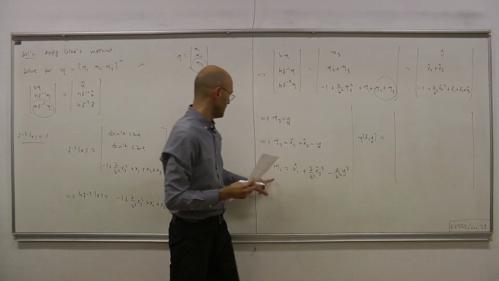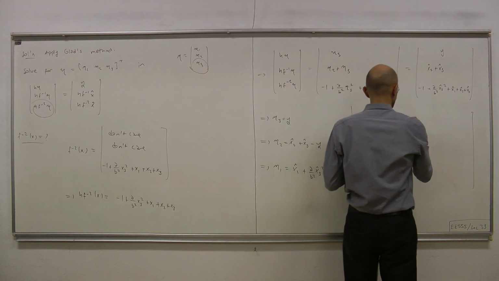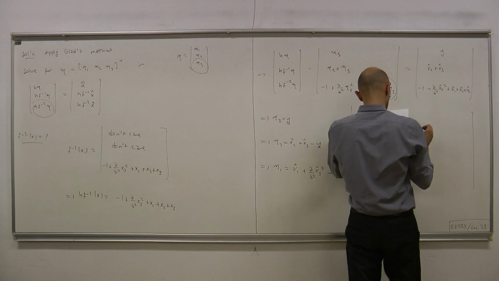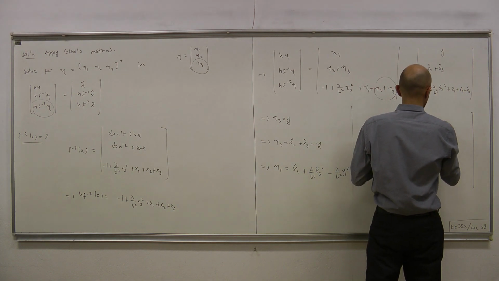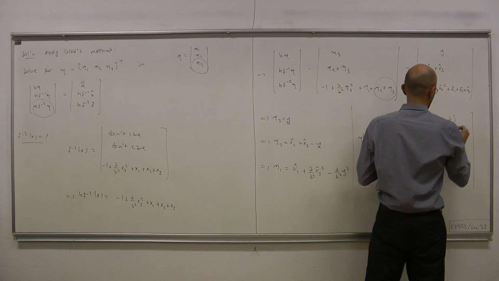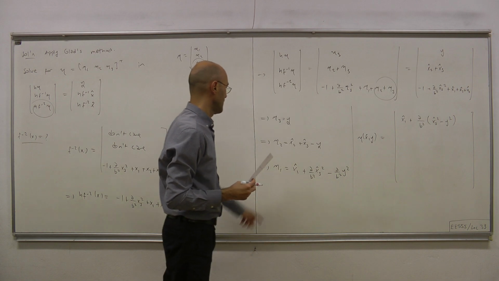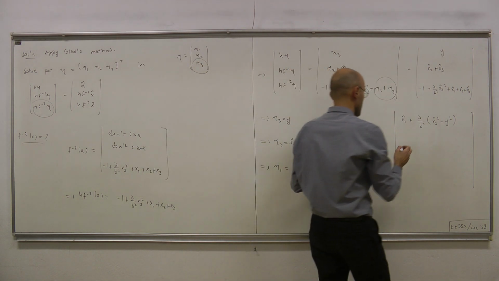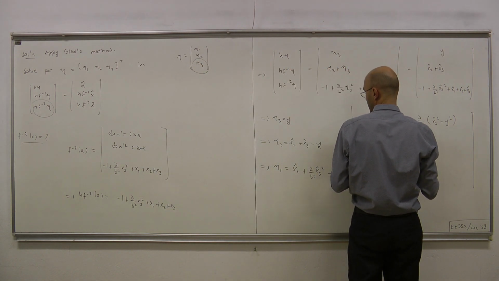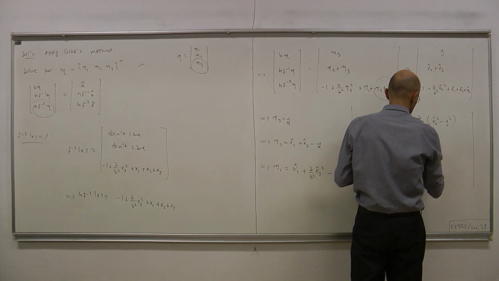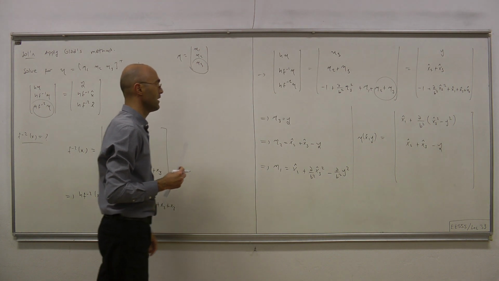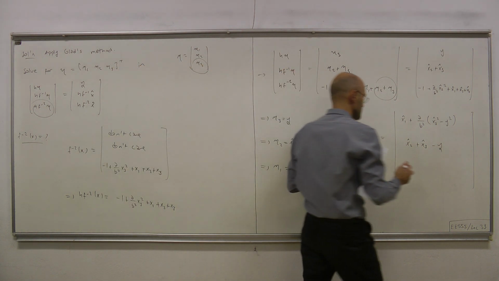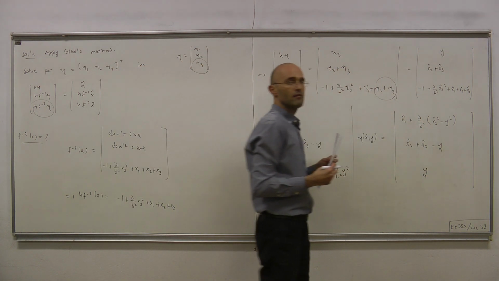Eta 1 equals x1 hat plus a over b squared x3 hat squared minus y squared, eta 2 is x2 hat plus x3 hat minus y, and finally eta 3 is y itself.